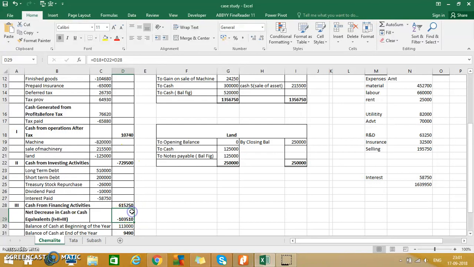You are losing out on cash to the extent of 1,03,510. Losing in the sense the cash outflow is 1,03,510.